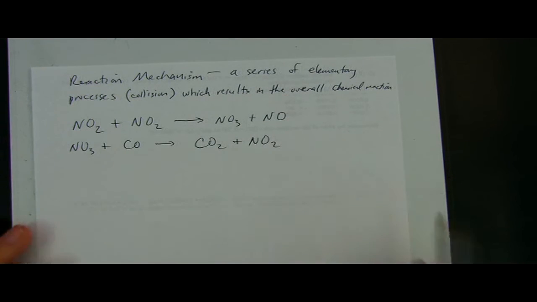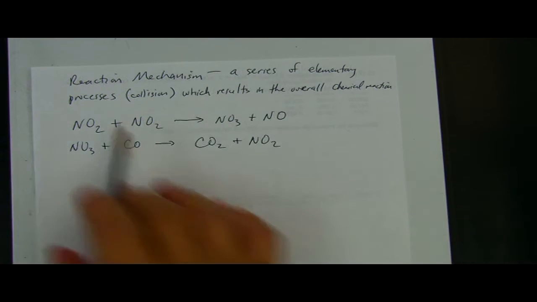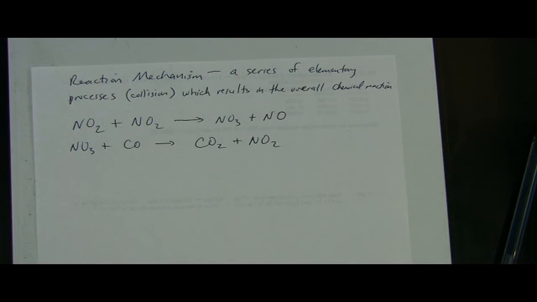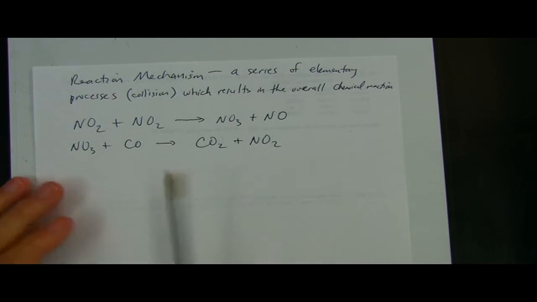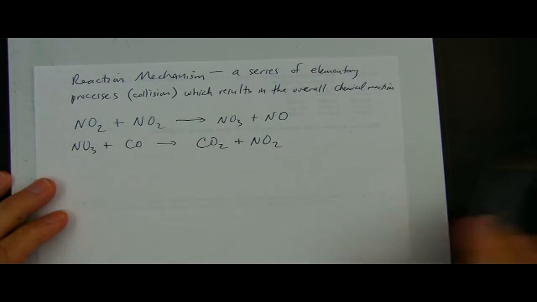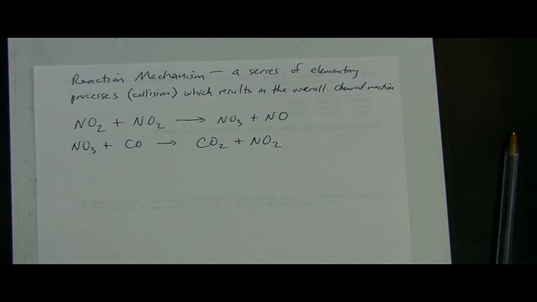This is a two-step mechanism, and an elementary process actually represents a collision. So this mechanism is saying, I've got an NO2 molecule and an NO2 molecule. They come together and they hit. In that collision, one of those oxygens gets transferred to one of the NO2s, and the other NO2 loses its oxygen. And so they fall apart, leaving you with NO3 and an NO molecule.